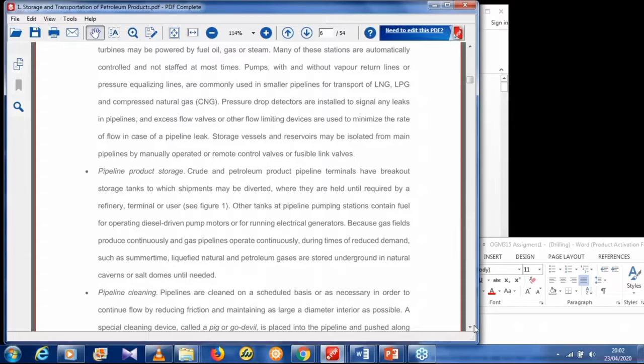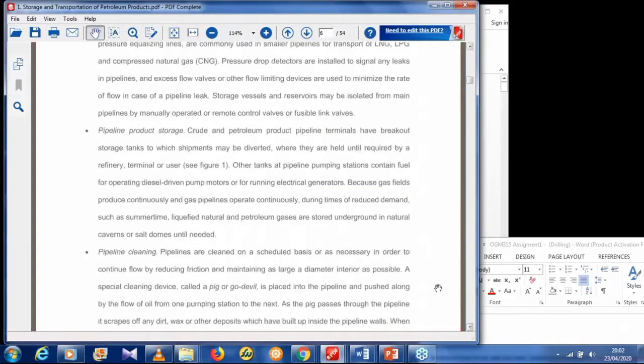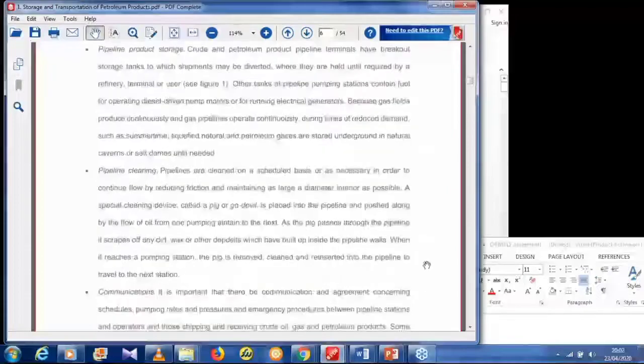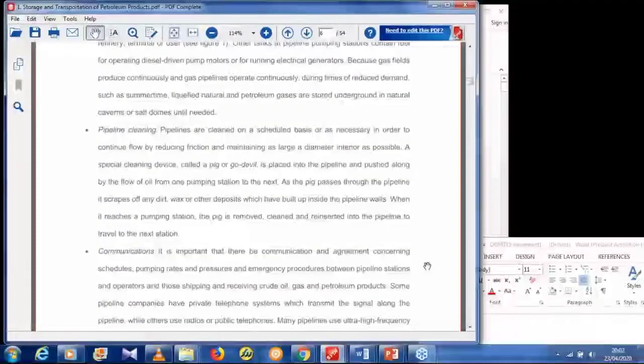Apart from all these operations, there's one other key operation that is very, very important, which is pipeline cleaning. Pipeline cleaning is a very important process. Why did I say this? I can use the human system to explain this.